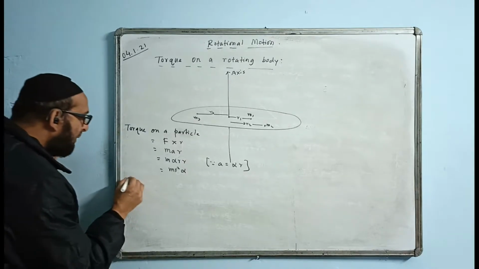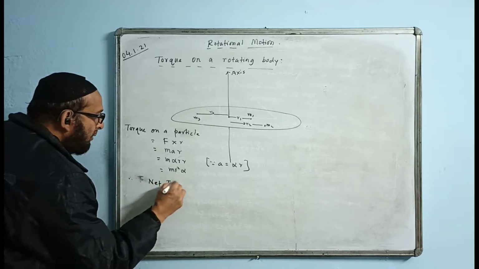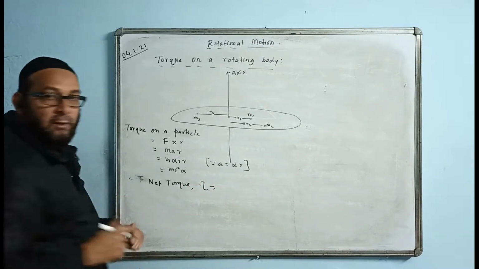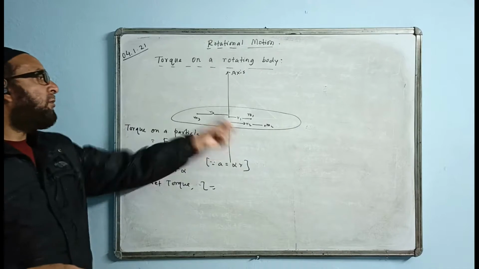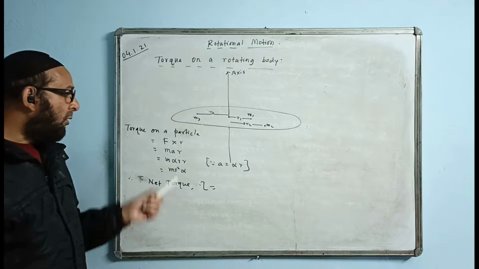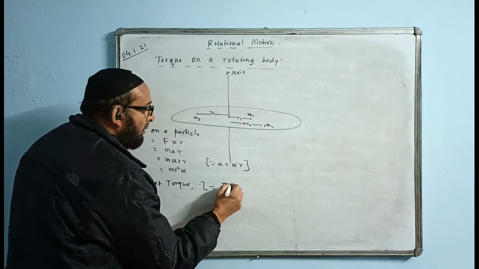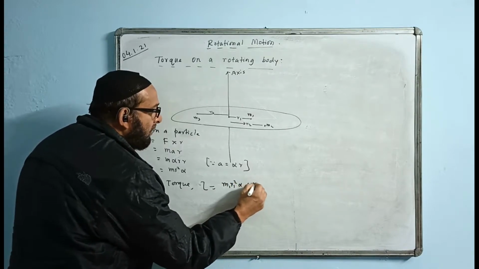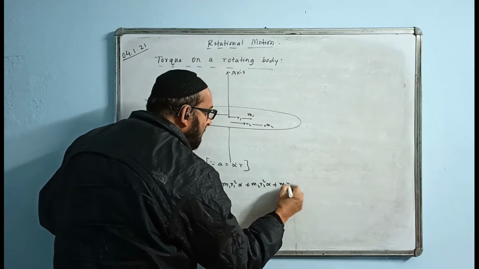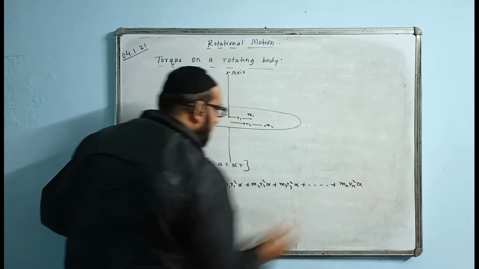Therefore we write the total or net torque, denoted by the sign tau. Net tau is equal to the sum of torques, because all particles move in the same direction, either clockwise or anticlockwise. For the first particle, m1 r1 squared alpha, m2 r2 squared alpha, m3 r3 squared alpha, and so on up to the nth particle, mn rn squared alpha.